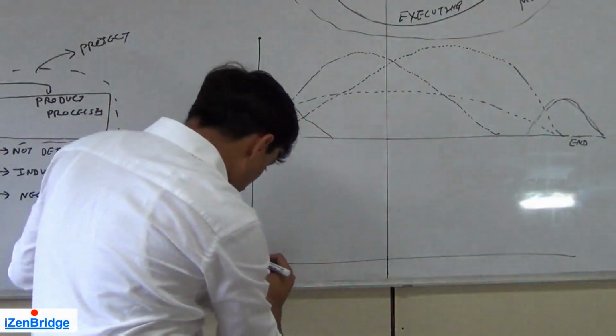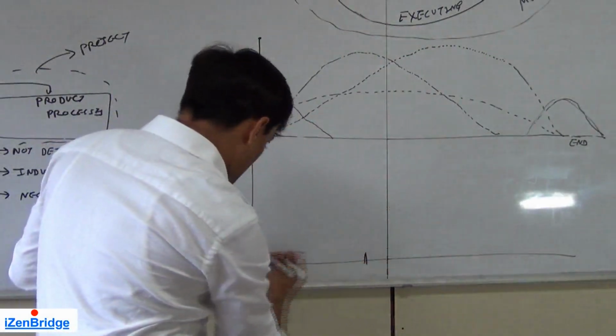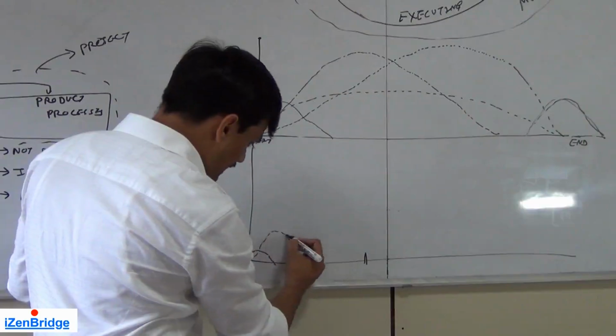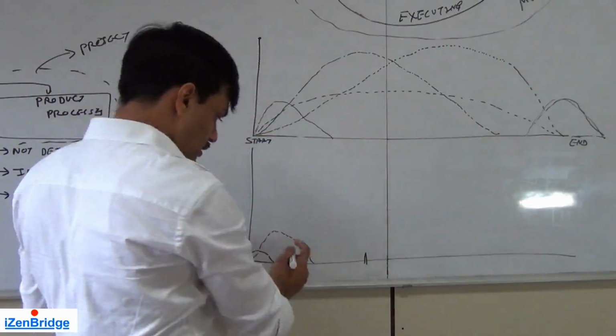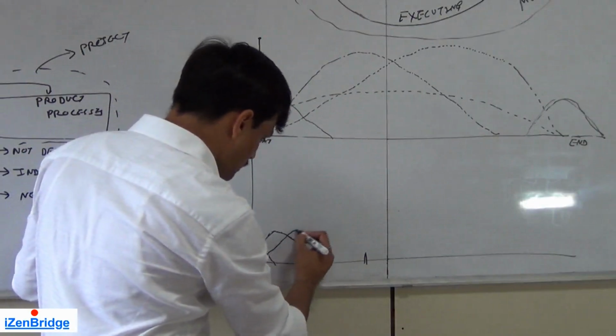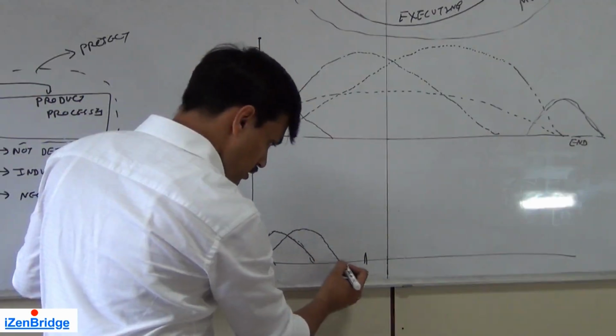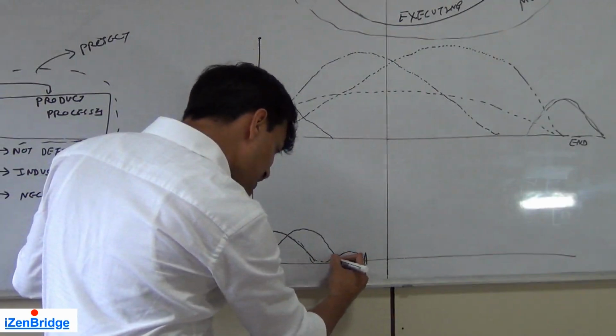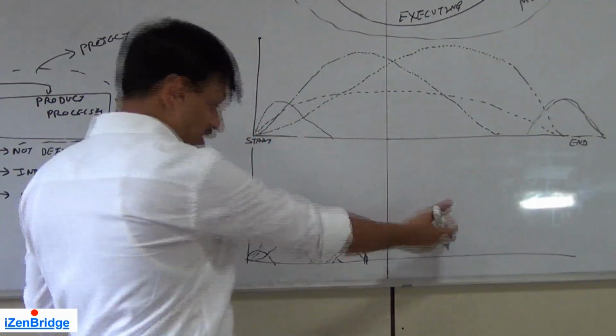For example, if I have iteration 1, initially in an iteration I will have initiating activities, then I may have planning activities here, then execution will take control here, and then at the end we have a closing activity. We may restart the planning activity for our next iteration.